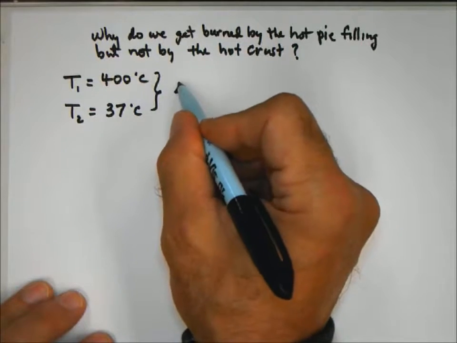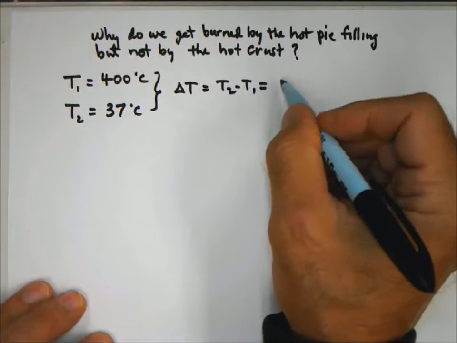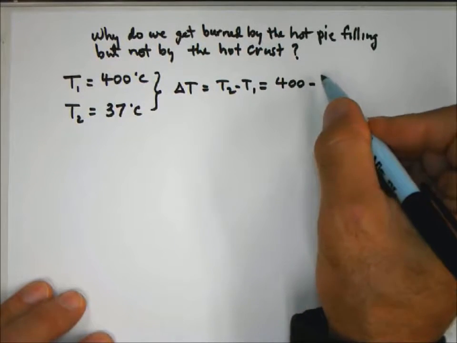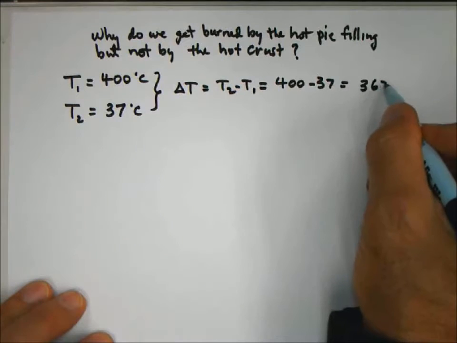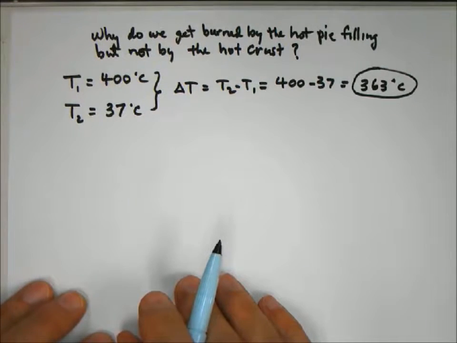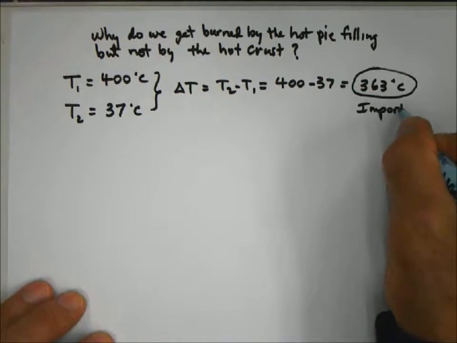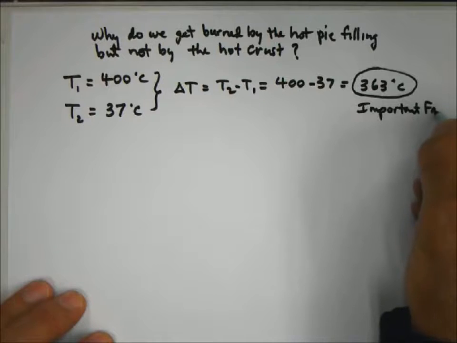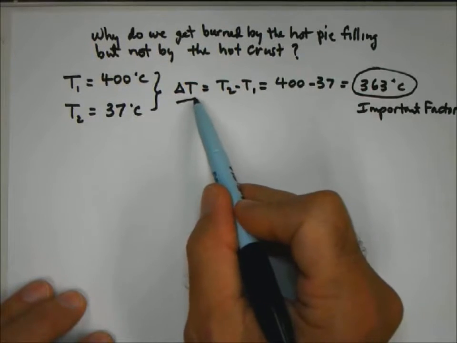That's T2 minus T1. That's 400 minus 37 degrees, and that gives us 363 degrees Celsius. Wow, that's a lot of temperature change. So that happens to be an important factor when we're considering heat gain or loss. The temperature change, an important factor. Okay?